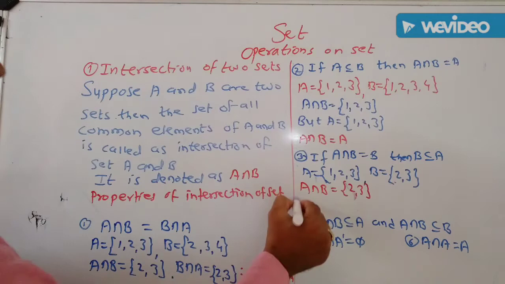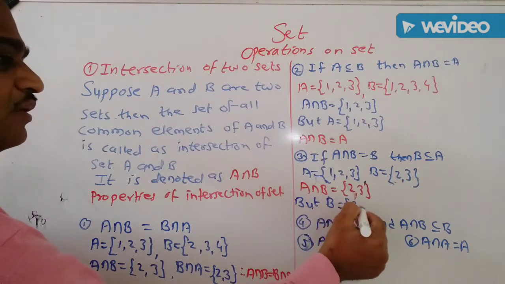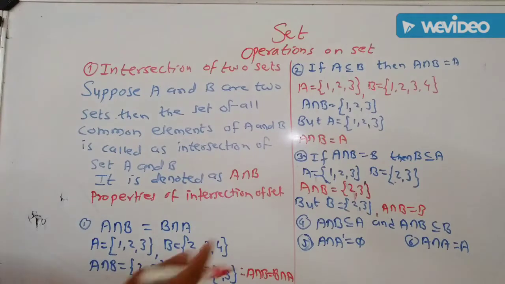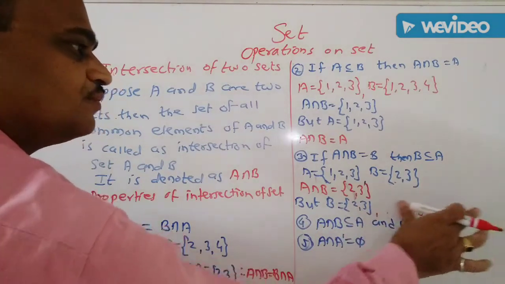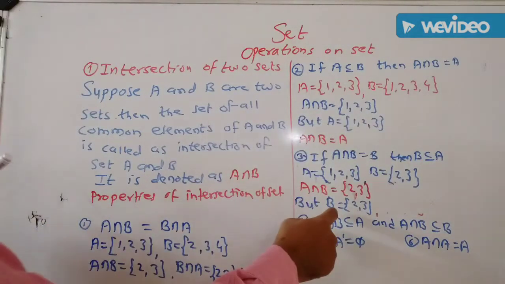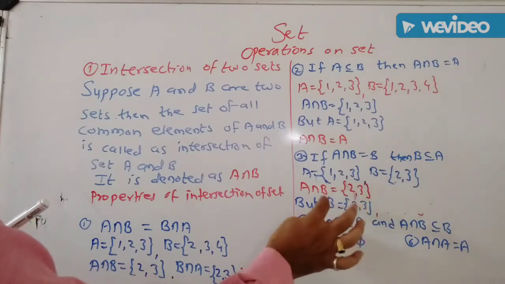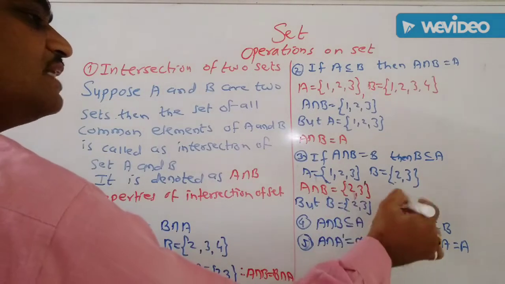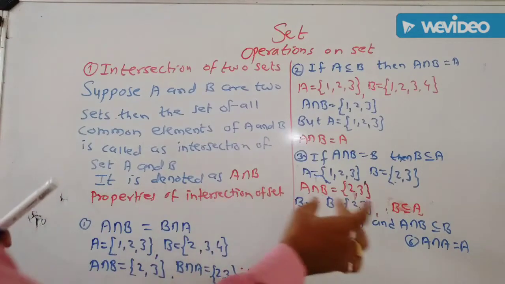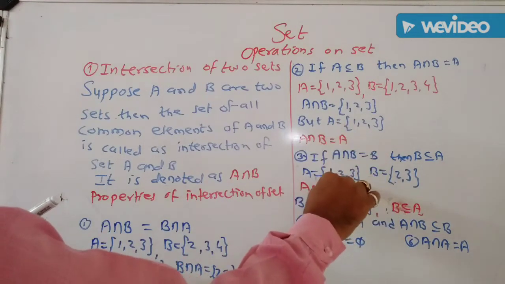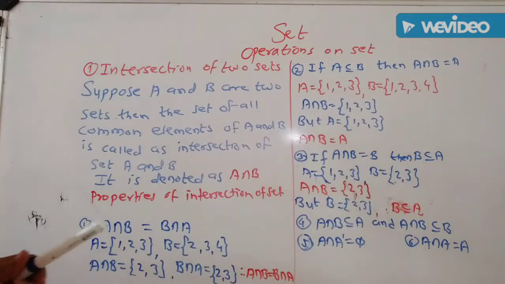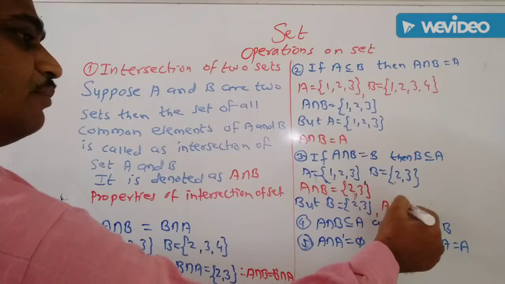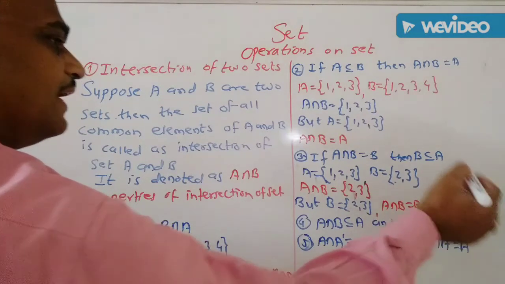But {2, 3} is the given set B. Therefore, we write A intersection B is equal to B. B has the elements 2, 3, which means every element of B is in the set A, and therefore we can write B is a subset of A. So A intersection B is equal to B, and therefore B is a subset of A.